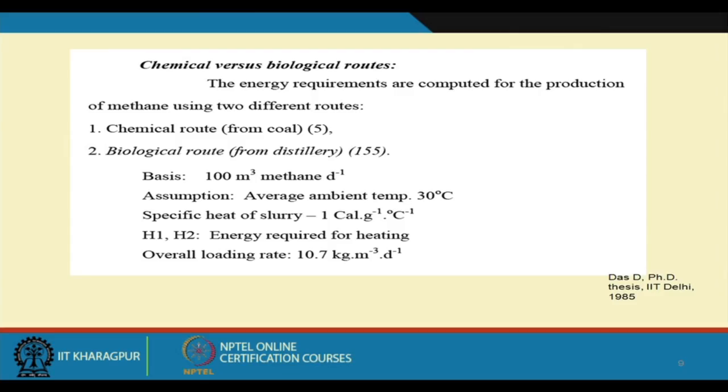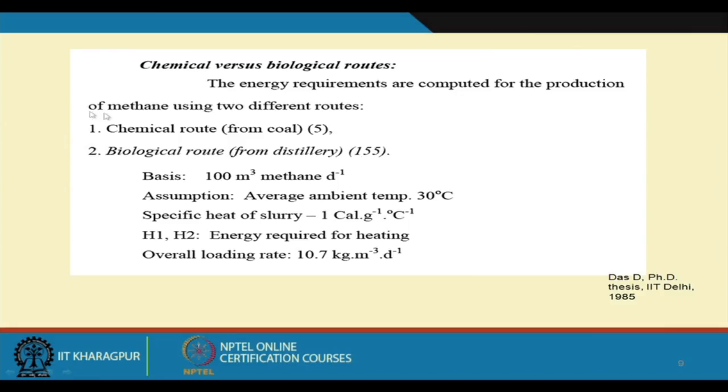Now, I told you that I want to make a comparative study with the chemical process: how methane is produced chemically and how it compares with the biological process. Methane can be produced from coal. The chemical route is from coal, and the biological route is from distillery effluent.